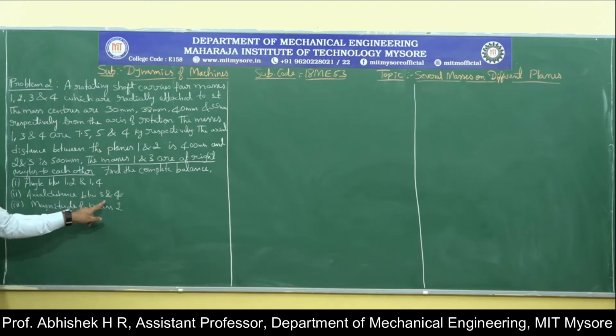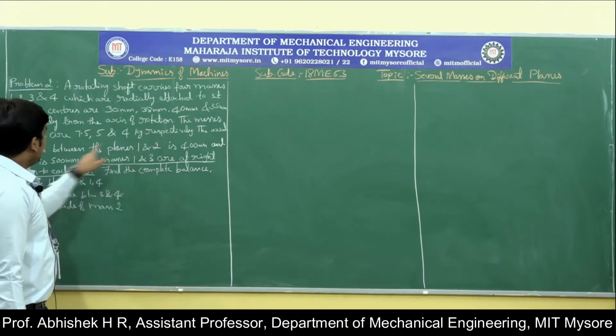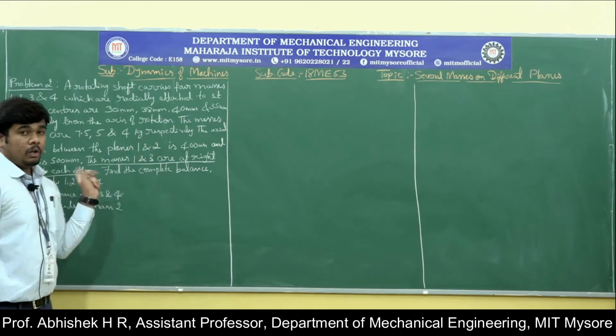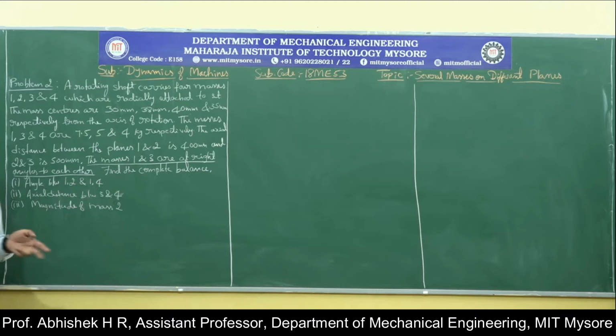Then the axial distance between 3 and 4. We need to find that, because they have given the axial distance between planes 1 and 2 and between 2 and 3, but not between 3 and 4.